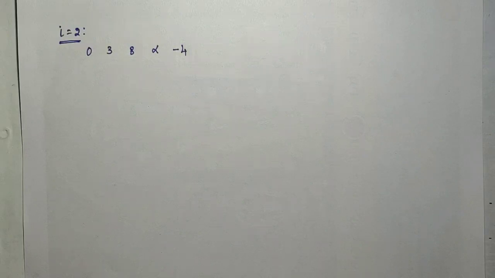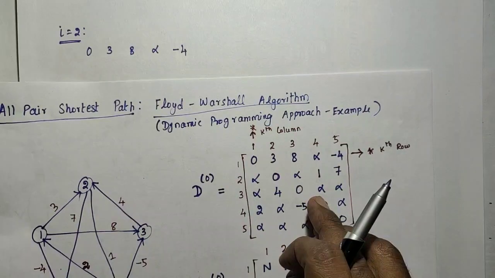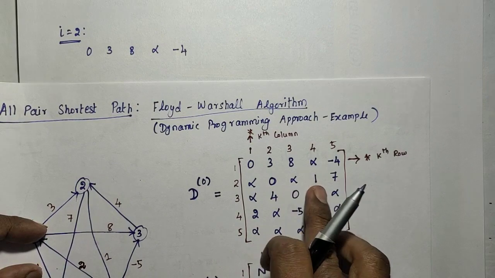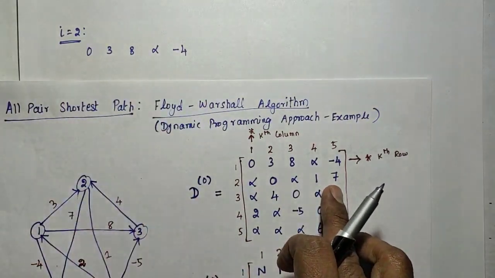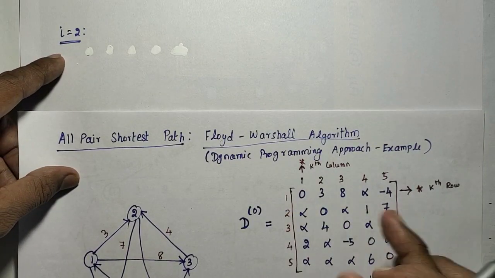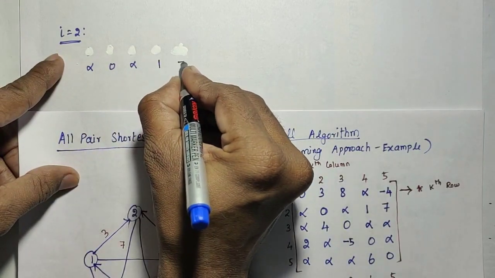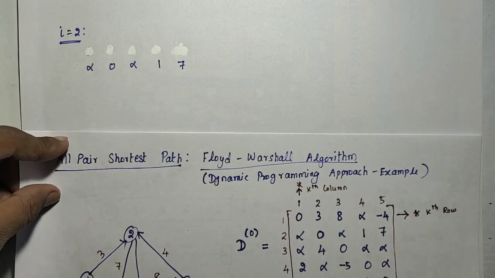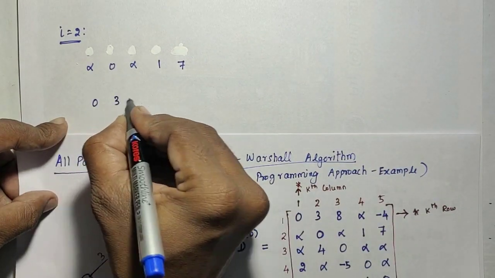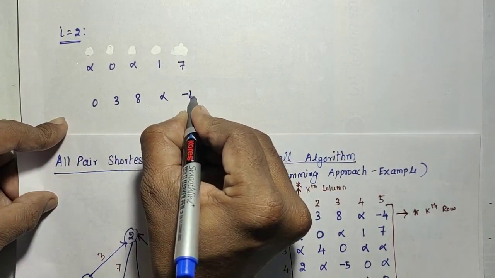Sorry, here the ith row is infinity, 0, infinity, 1, 7. We need to write that first, the second row: infinity, 0, infinity, 1 and 7. And we need to write the kth row. The kth row is the first row, that is 0, 3, 8, infinity and then minus 4.